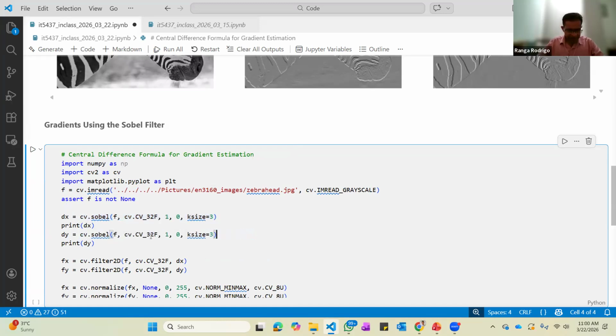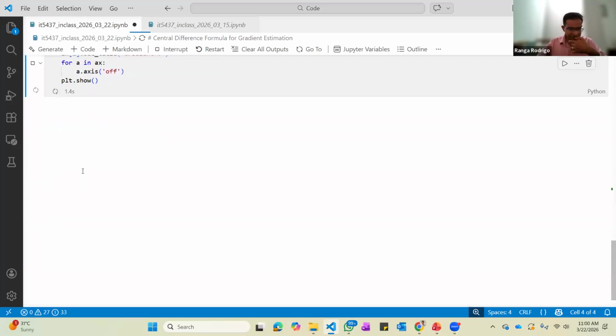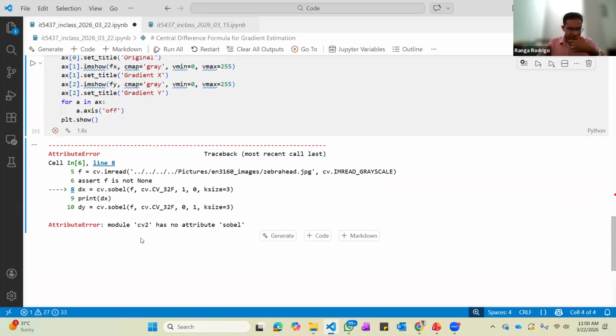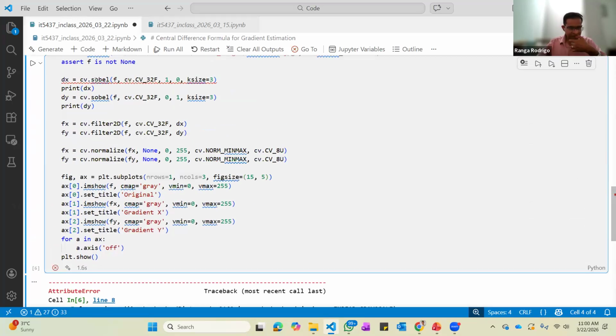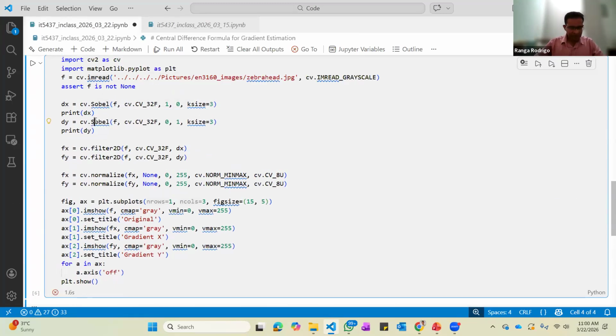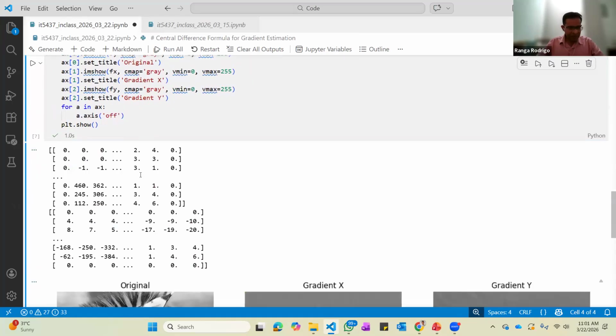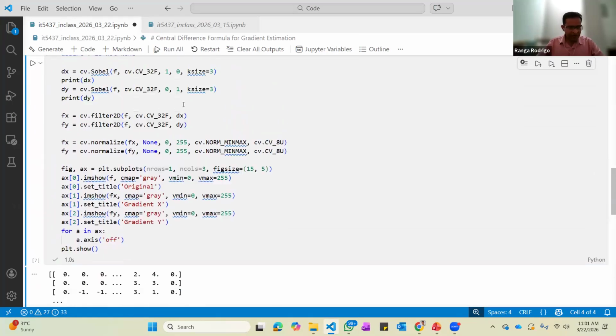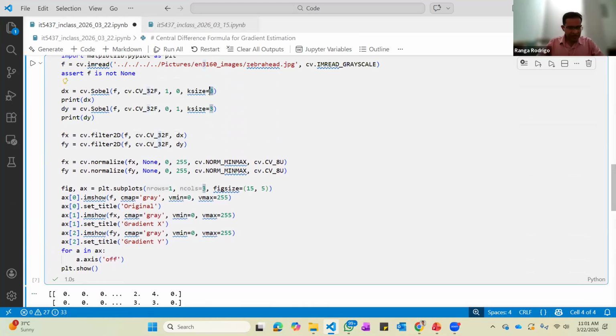I think we may have to make a change there. cv.Sobel. Oh, they turned out to be very large. Kernel size is 3.